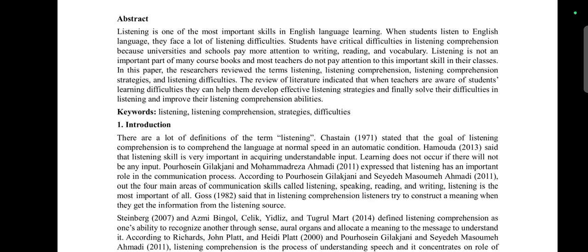Chastain is the name of an author, and 1971 is written in the bracket because in case he has two or more publications in different consecutive years, you will not be able to understand which of the work is being mentioned here. So in order to understand the work that is mentioned here, you are mentioning the year. Chastain stated that a goal of listening comprehension is to comprehend the language at normal speed in an automatic condition.